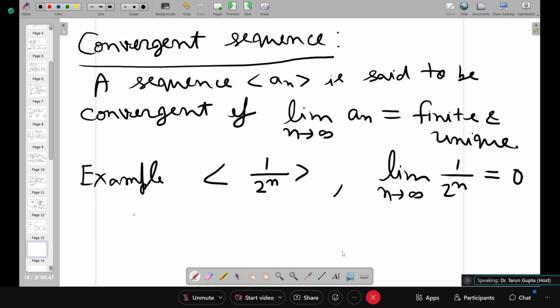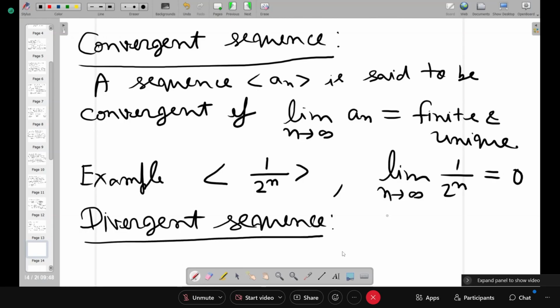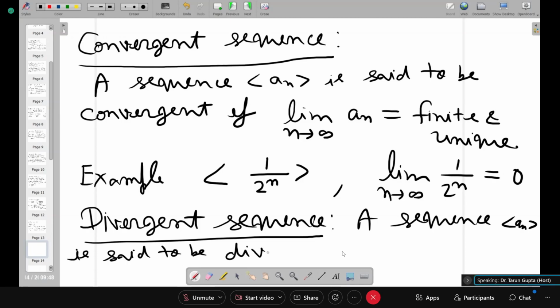Now divergent sequence. A sequence an is said to be divergent if the limit as n tends to infinity of an is not finite.